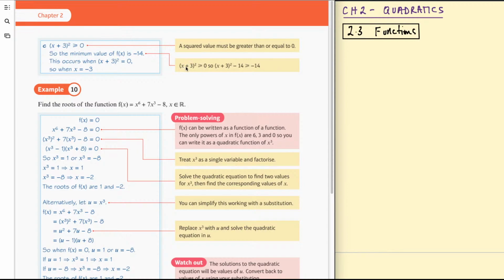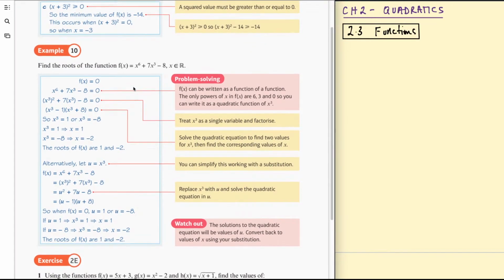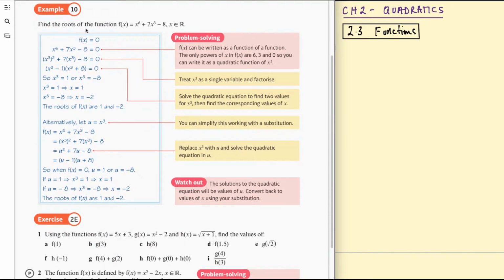Because if (x plus 3) all squared is greater than or equal to 0, then (x plus 3) all squared take 14 must be greater than or equal to negative 14. Okay, and then find the roots of the function f of x equals x to the power 6 plus 7x cubed take 8.